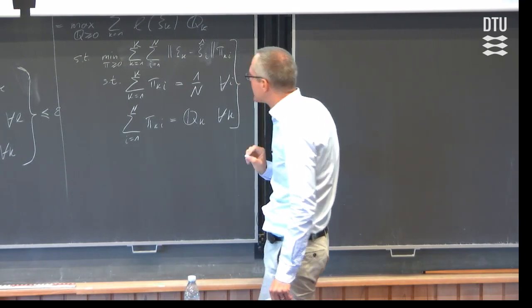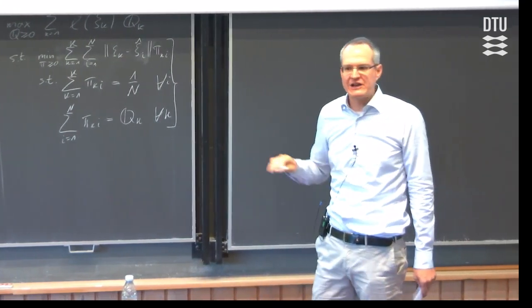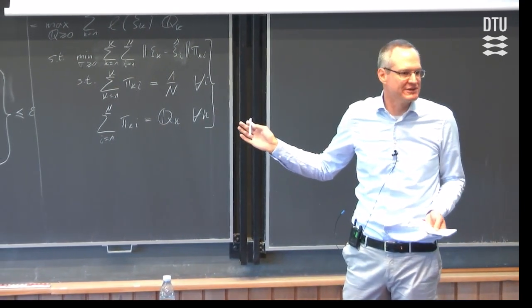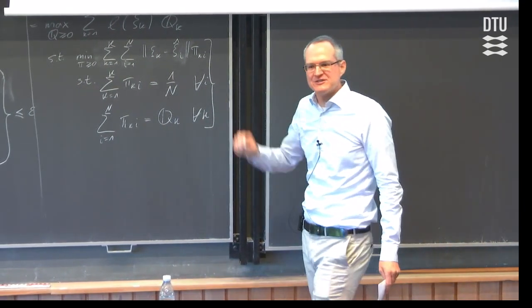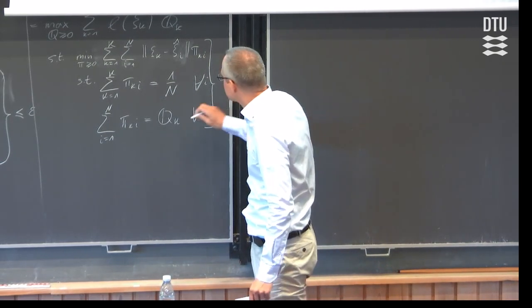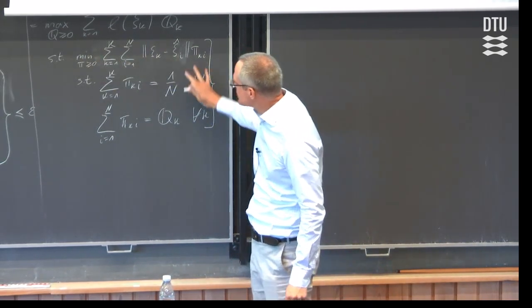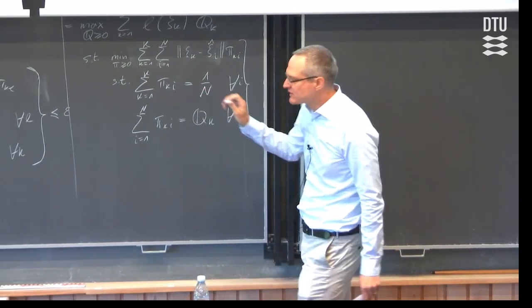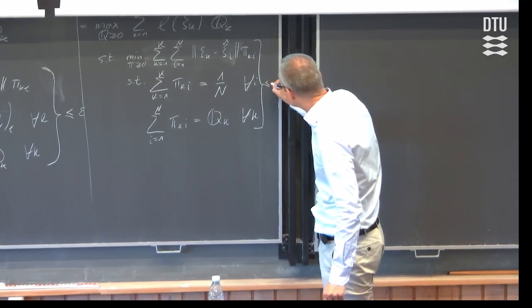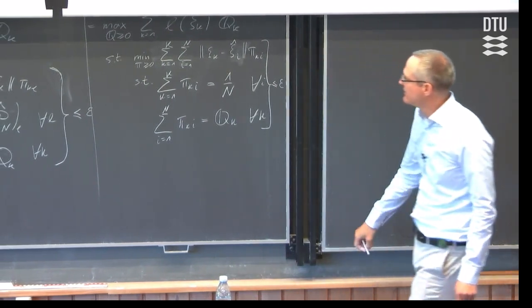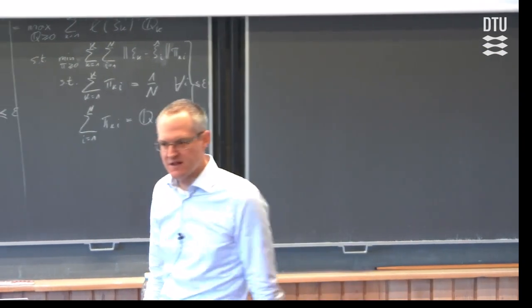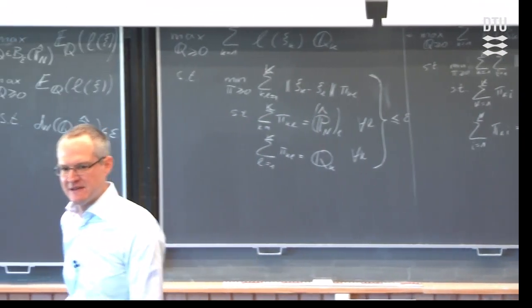So using the structure of my empirical distribution, I could simplify, let's say reformulate, it doesn't look simpler, reformulate my Wasserstein distance. That minimization problem gives me the Wasserstein distance between Q and the empirical distribution, and of course it still should be smaller or equal to epsilon. Does that make sense still?